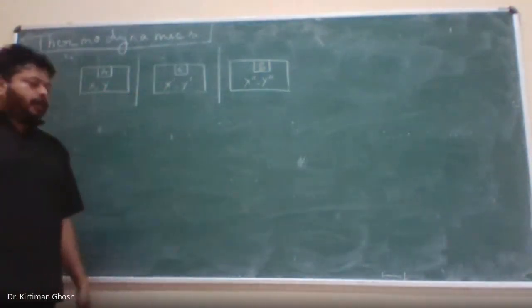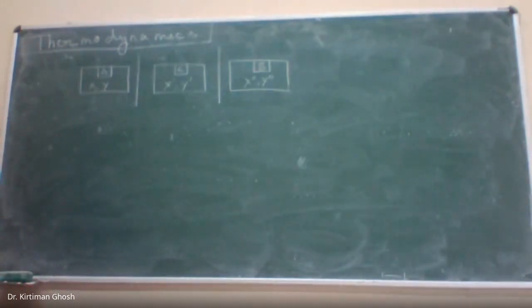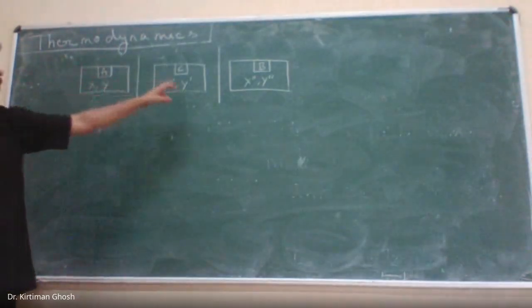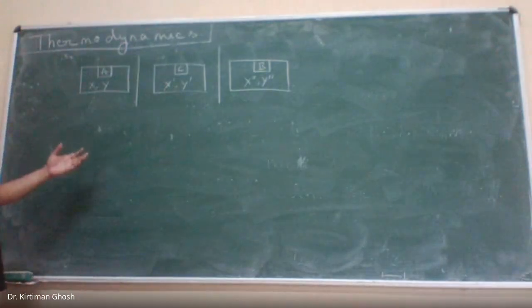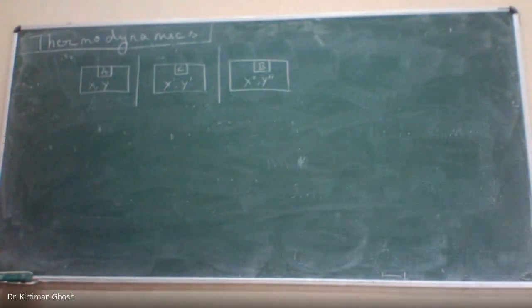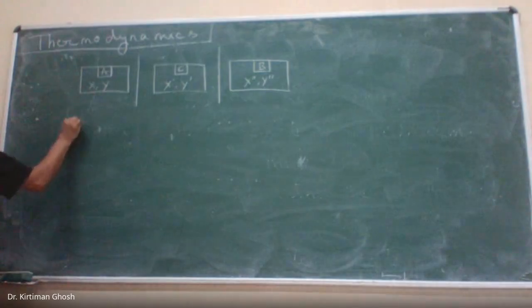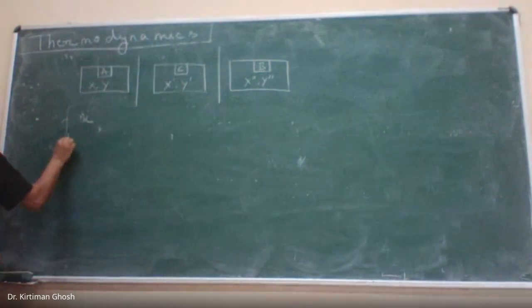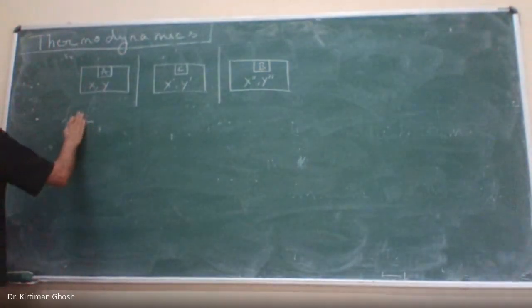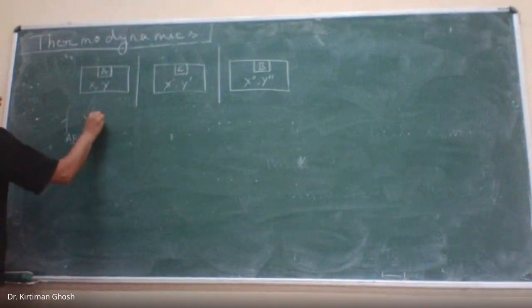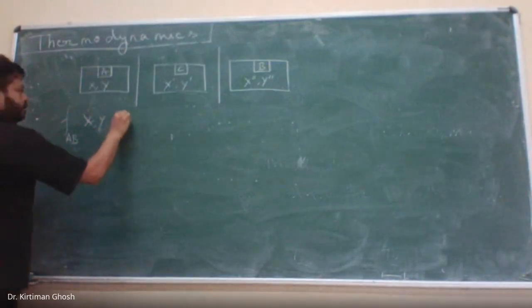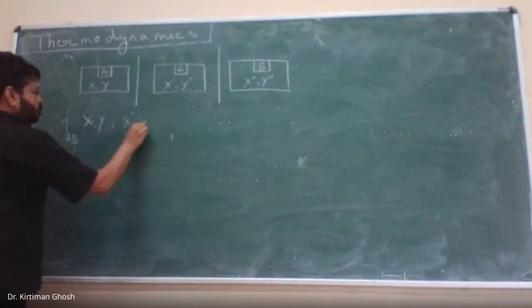When the thermal interaction is complete, thermal equilibrium is achieved. When systems A and C achieve thermal equilibrium, I can specify that particular condition by a function. There will be a function f_AC, which will be a function of x, y, and x prime, y prime.